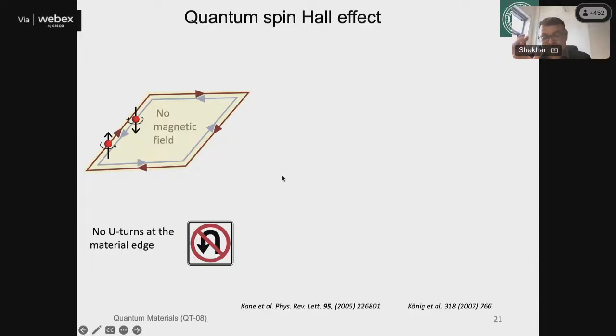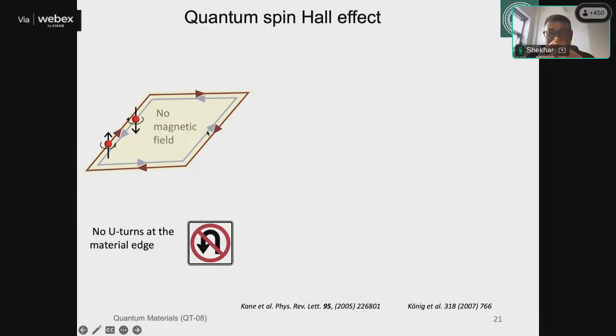Because of the quantization of spin, when you see the story of the topological material, as I said, the inside of the material is insulating, but the outside, the edge, is conducting. Due to strong spin orbit coupling, SOC, inside the material we have a separation of the spin.